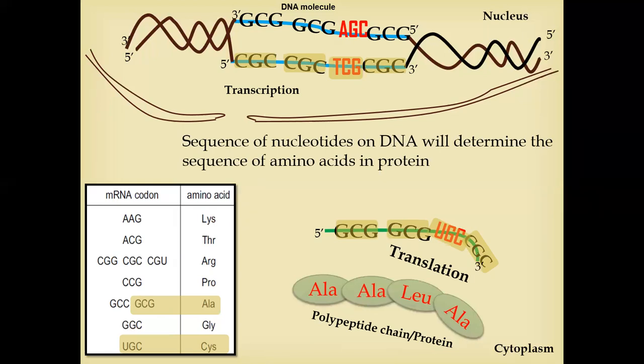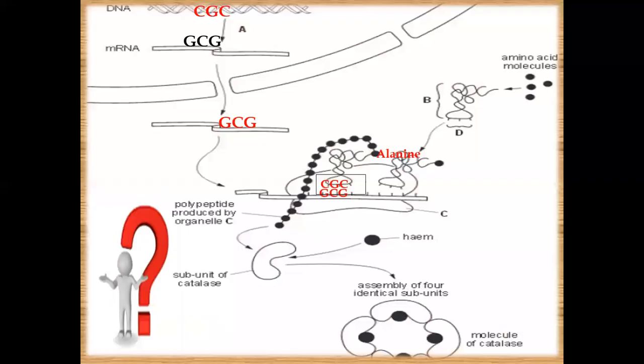In this way, the specific characteristics of the protein depend upon the sequence of nucleotides in the DNA structure. On the basis of this information, we can proceed to a specific type of question.